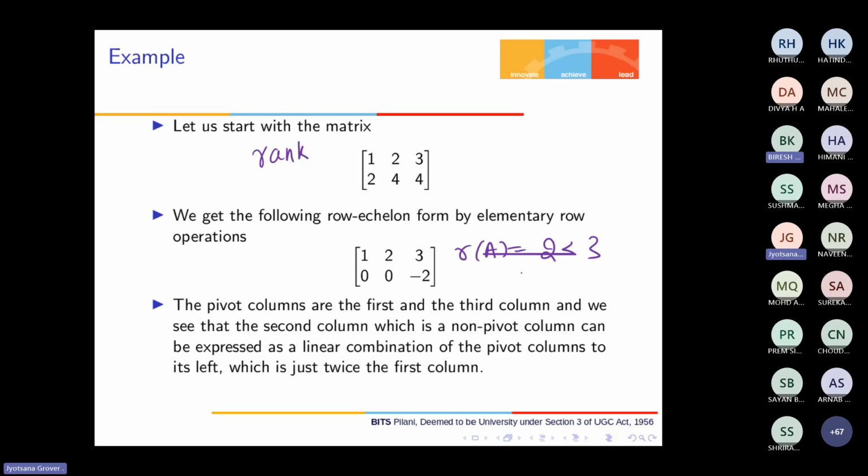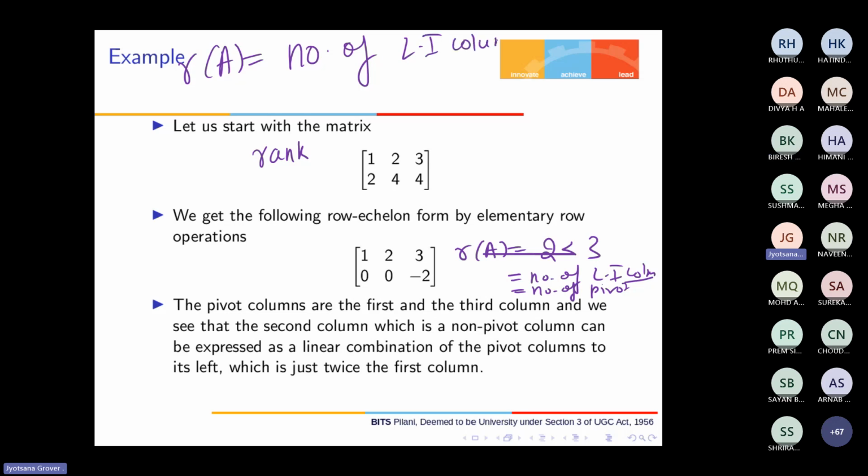And rank is equal to the number of linearly independent columns, which means the number of pivot columns. I'll write here: rank of A is, in general, the number of linearly independent columns. Linearly independent columns are the pivot columns. You can write it down.